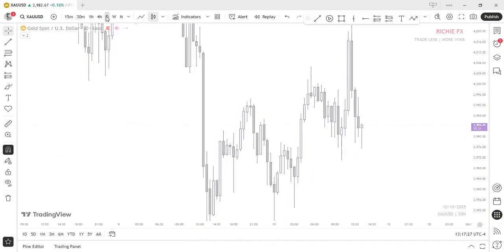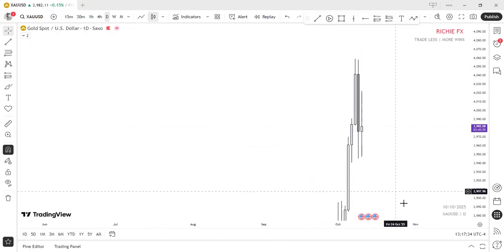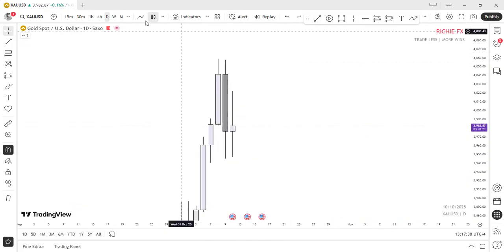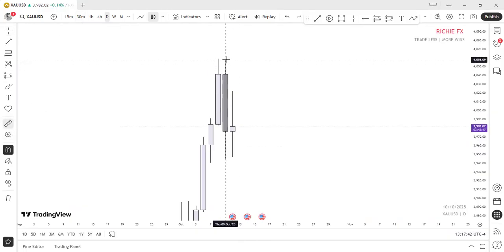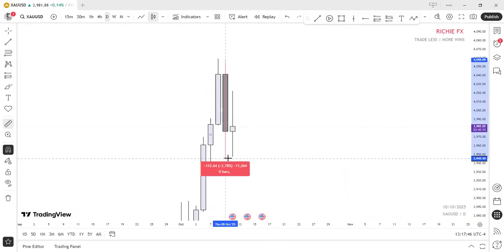So on the daily, we all know that market structure is bullish. But yesterday you can see that the market offered this move. It sold heavily, because when you try to measure, the market moved for something like 1,000 pips.